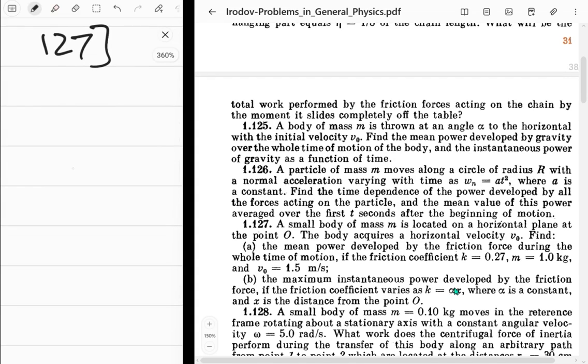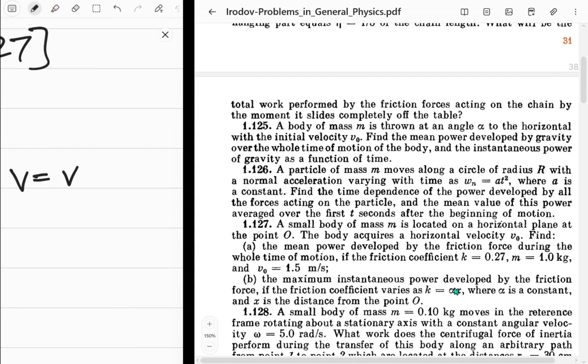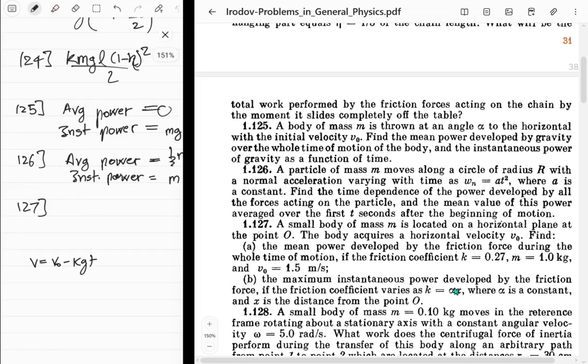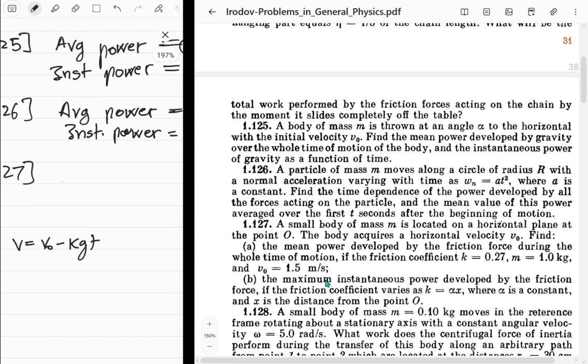The thing is, I should have used v is equal to v naught minus k g times t. Yes, that would be the more useful thing. So as it goes from v naught to 0, the time required is just v naught upon kg. So you can figure out what the average power should be. So A is actually not that hard.